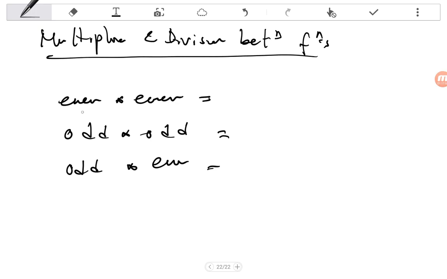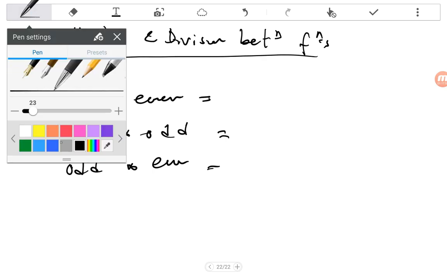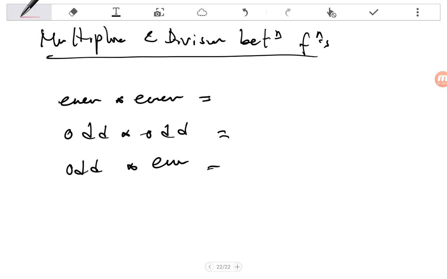To find the result of even times even or odd times odd, all of these cases are summarized by a simple rule: treat even as positive and treat odd as negative. So if I have an even function, it is as if it is positive. Positive times positive will be positive, which is even. Odd is negative. Negative times negative will be positive, which is even. Odd times even is negative, which is odd. And so on.